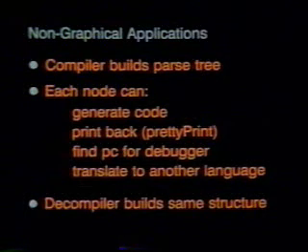Or it can have code for printing back source code that corresponds to it, and you can use that to do a pretty print of some code in the system. It can also have methods in it for locating the PC. And if every node in your tree has a way to locate where the program counter is in it, then you can find the program counter in a large method.